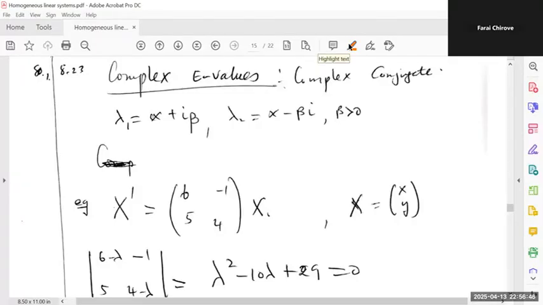Right. In the previous video, I was dealing with the case of repeated real valued eigenvalues, but it had two cases, distinct eigenvalues and repeated eigenvalues.